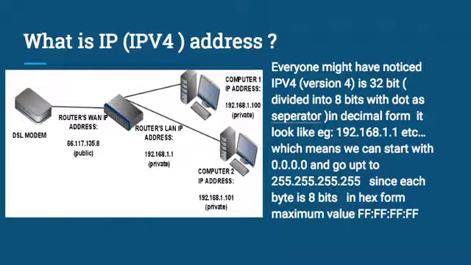Everyone might have noticed, IPv4, version 4, is 32 bits divided into 8-bit groups with a dot as separator. In decimal form, it looks like 192.168.1.1, which means we can start with 0.0.0.0 and go up to 255.255.255.255.